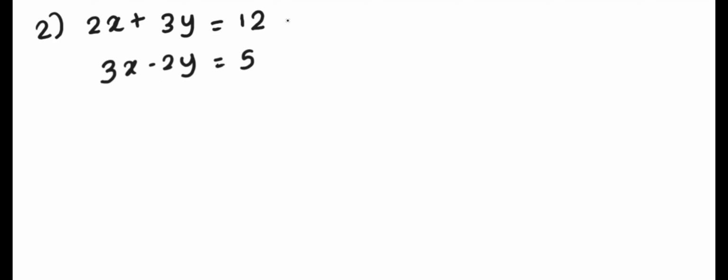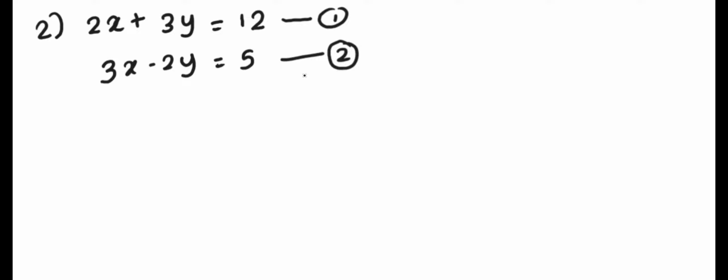This is our second question. 2x plus 3y equals 12 is our first equation. 3x minus 2y equals 5 is our second equation. As I told you, first we need to choose what our eliminating variable is. I told you that the eliminating variable coefficient should be equal in both equations.